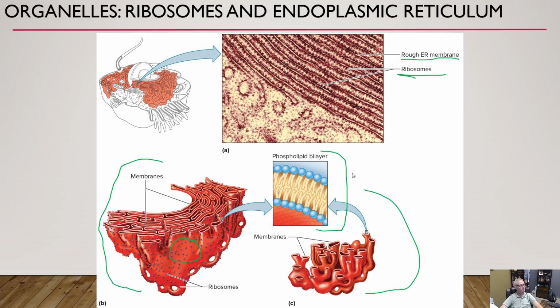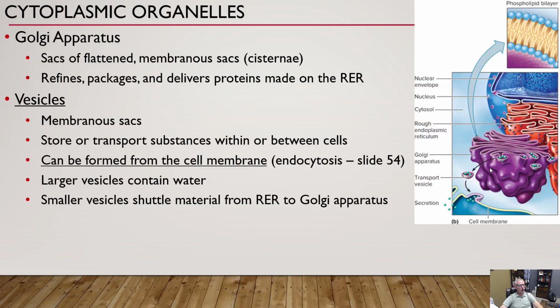All right, so Golgi apparatus. Remember that proteins synthesized at the rough endoplasmic reticulum go from the rough endoplasmic reticulum to the Golgi apparatus. The Golgi apparatus, basically, are again flattened sacs. We call those cisternae.